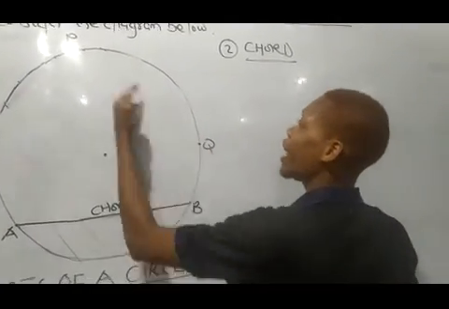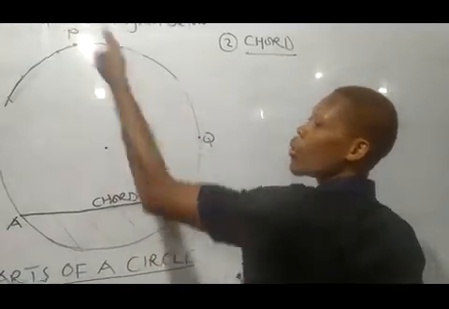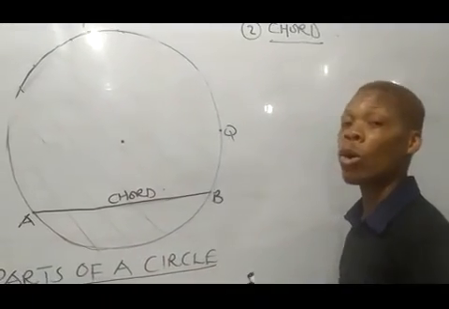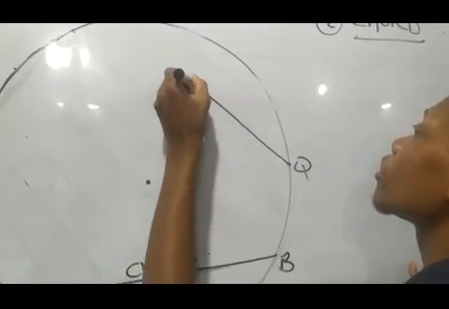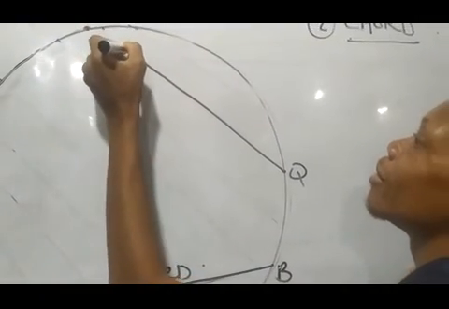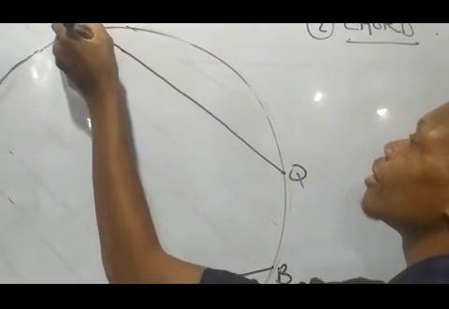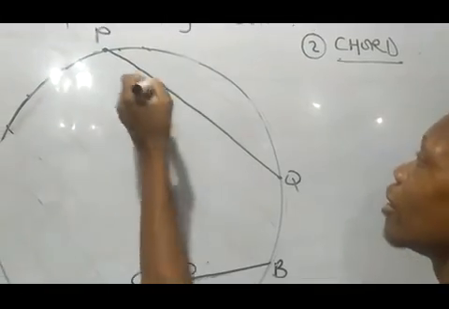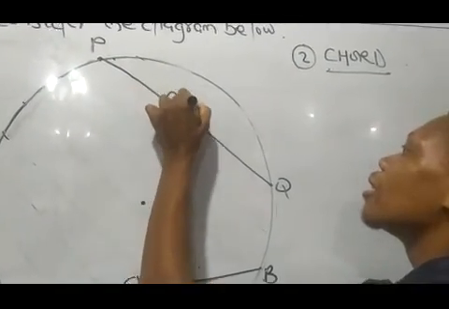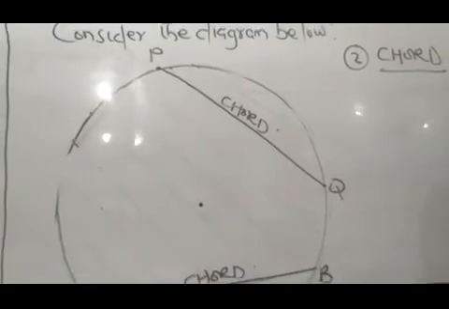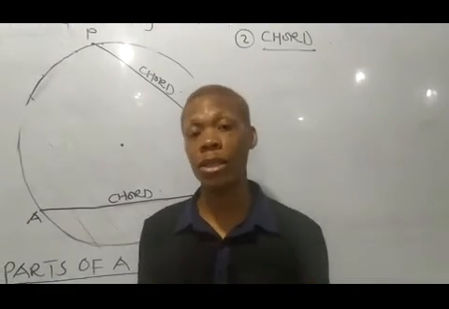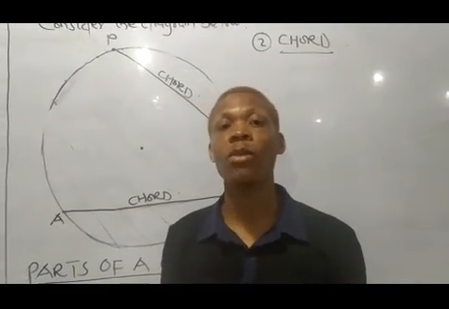So the line that will join point P and point Q is called a chord. So a chord joins 2 points on the circumference of a circle.